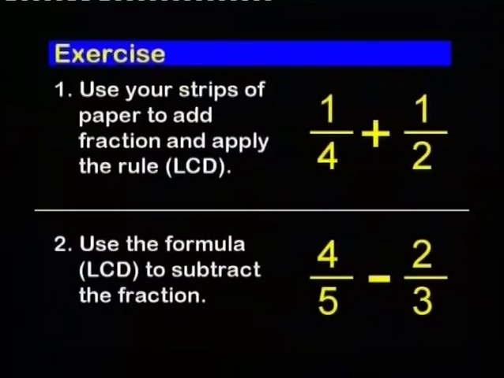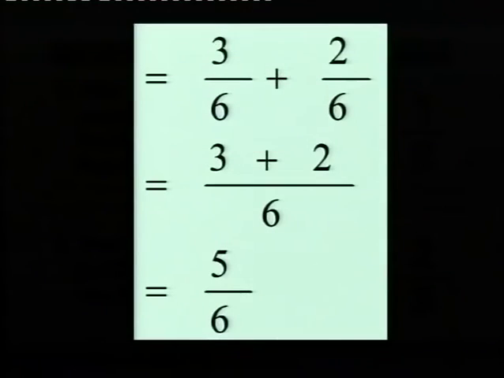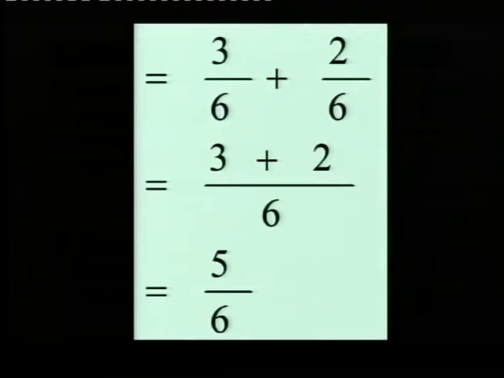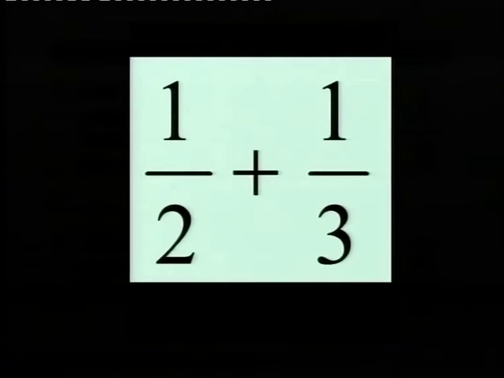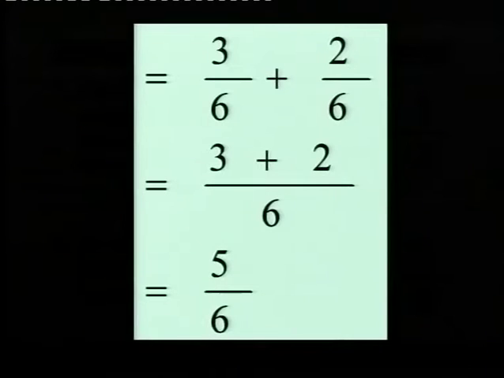We used our strips of paper to add and subtract the fractions. When you use your formula, you also follow the rule. For example, 1/2 plus 1/3. Using the rule, the lowest common denominator is 6.